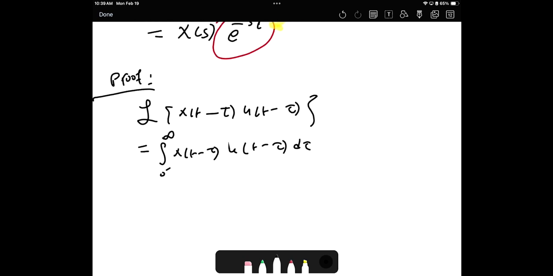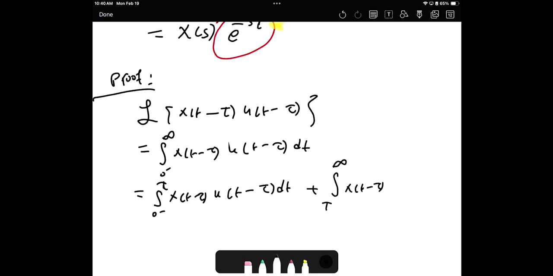And we can split this integral into two parts: between 0 and tau, x of t minus tau, u of t minus tau dt, plus the integral between tau to infinity of x of t minus tau, u of t minus tau dt.